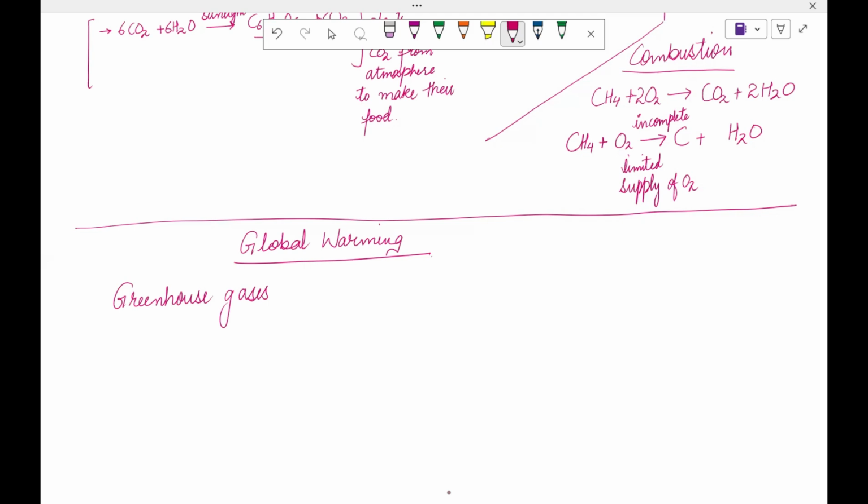The first one is methane. The second is nitrous oxide, and also water vapors, carbon dioxide, and chlorofluorocarbon gases, CFCs.